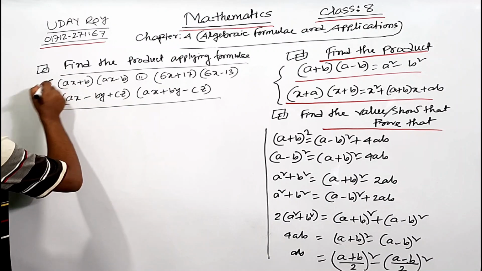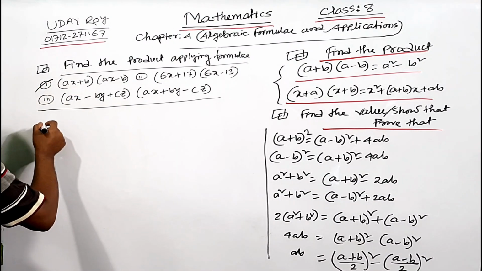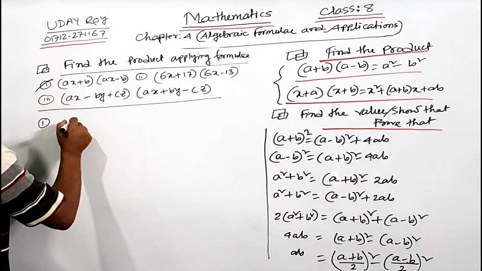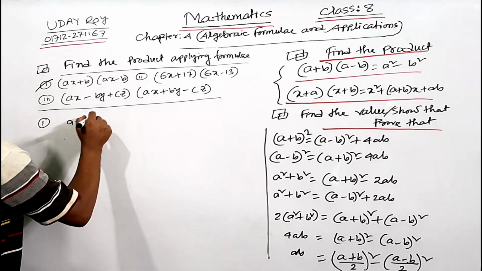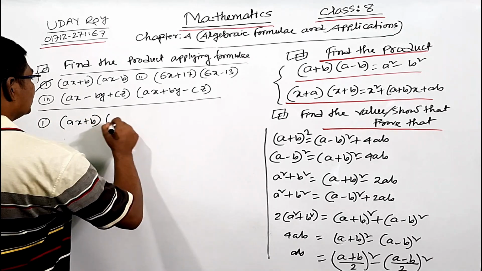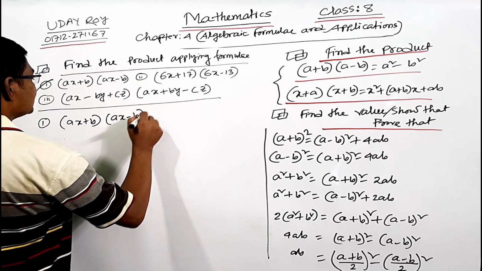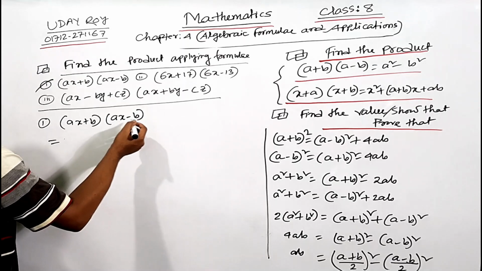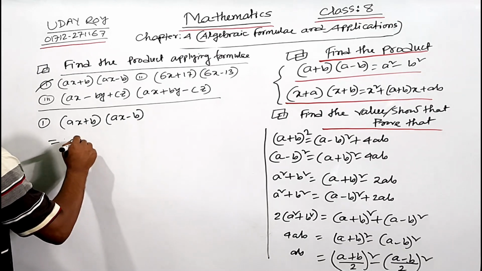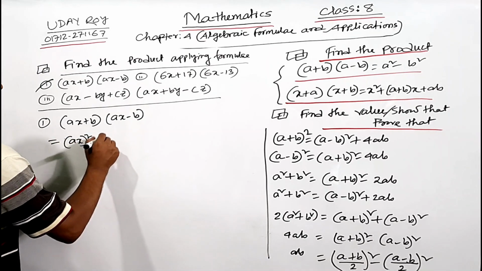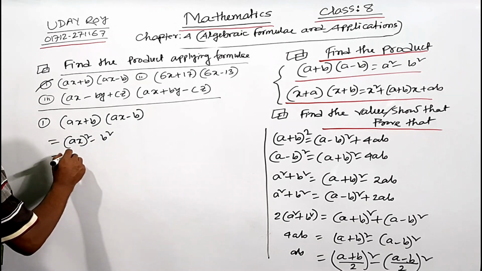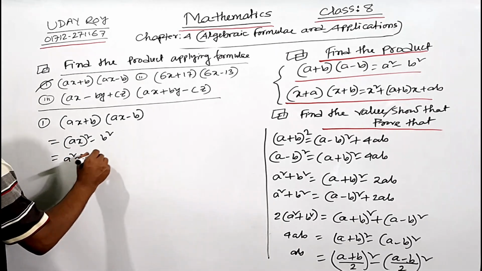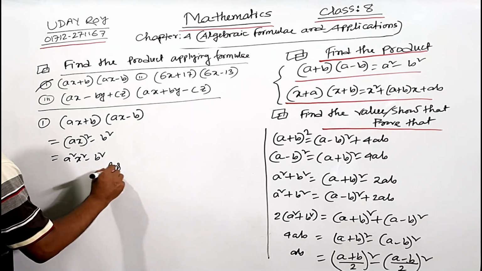You can see here is (ax + b). Number 1: (ax + b) into (ax − b). So this is a plus b, a minus b. So we get a² minus b². That means we have got a²x² minus b².